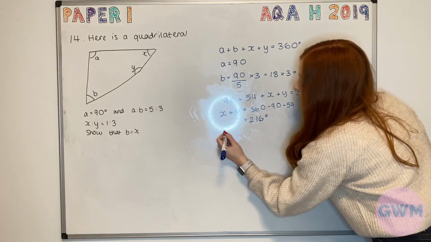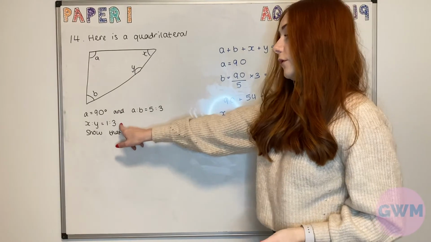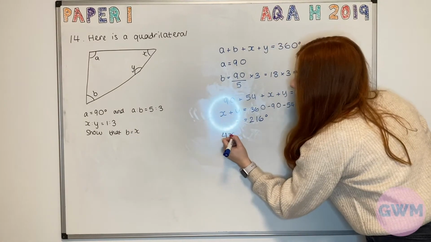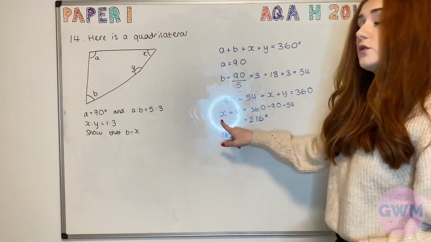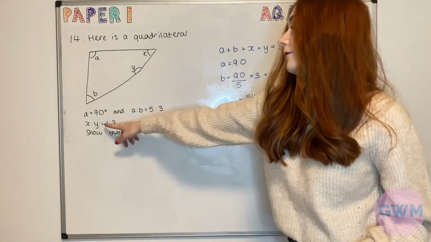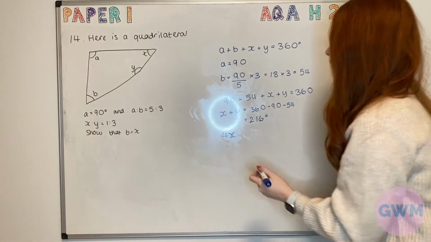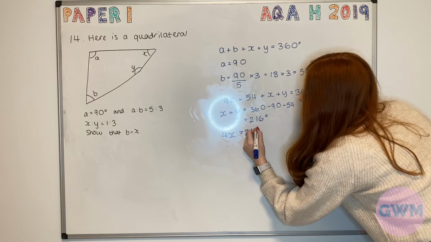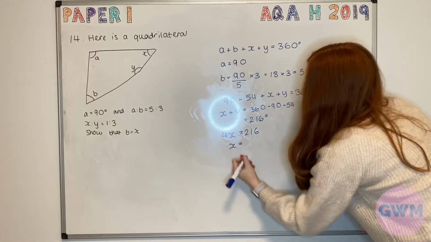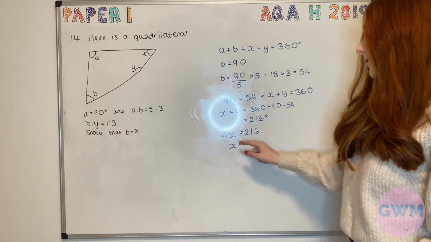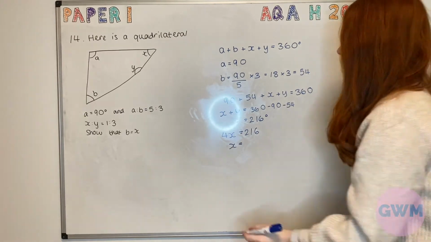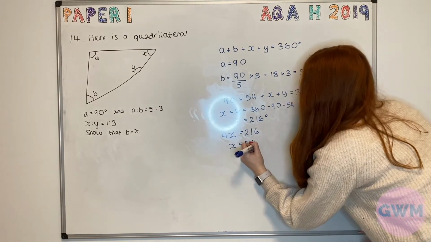So what we can do is write that 4 from the ratio in terms of x, because x is only one of them. If we times by 4, we get the whole lot, and we know the whole lot, 216. So we divide that by 4, we move the 4 across and divide by it, which gives us 54.